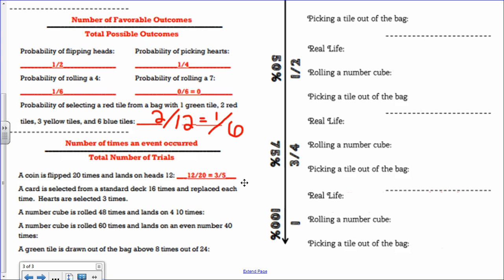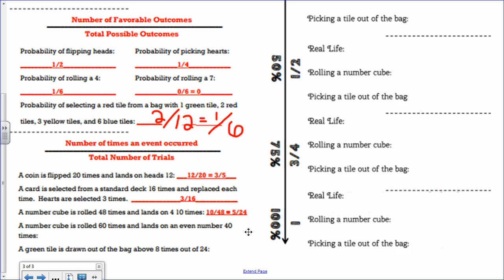If a card is selected from a standard deck 16 times and replaced each time, and hearts are selected 3 times, our probability is going to be 3 out of 16. If a number cube is rolled 48 times and lands on 4 10 times, it is going to be 10 out of 48, which simplifies to 5 out of 24.